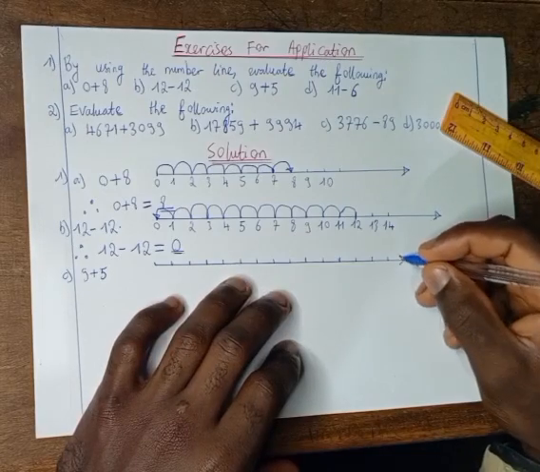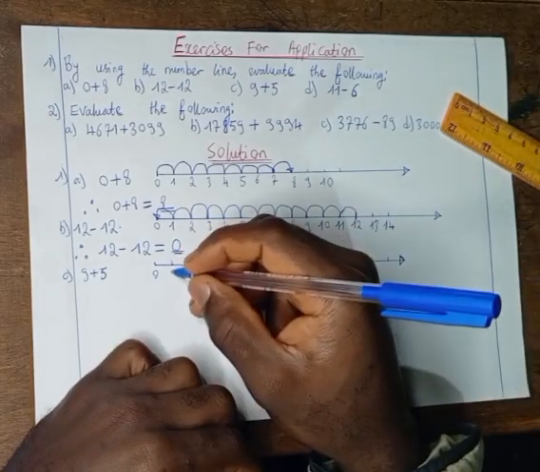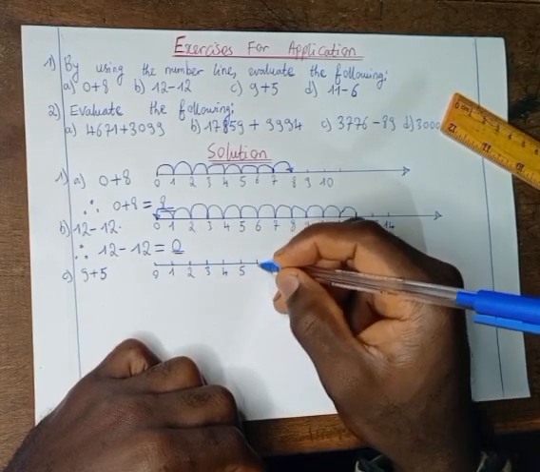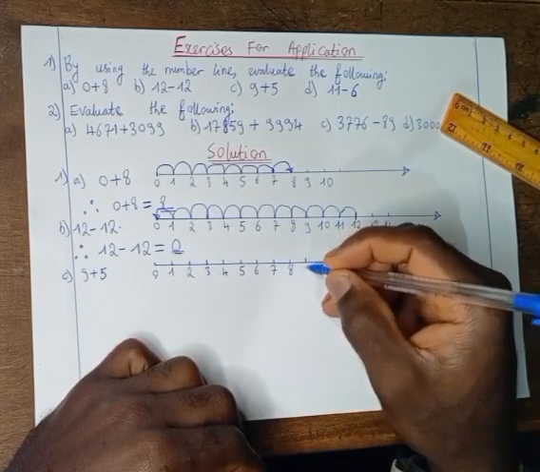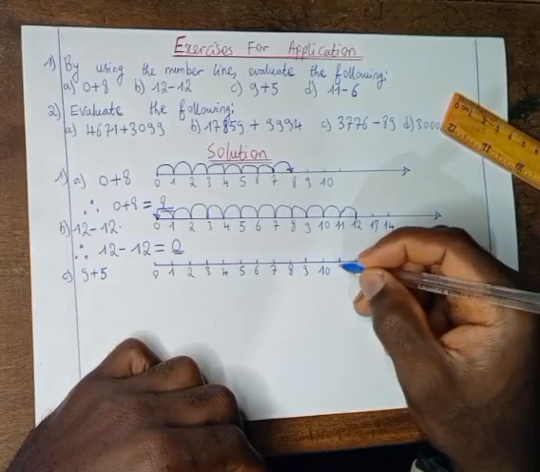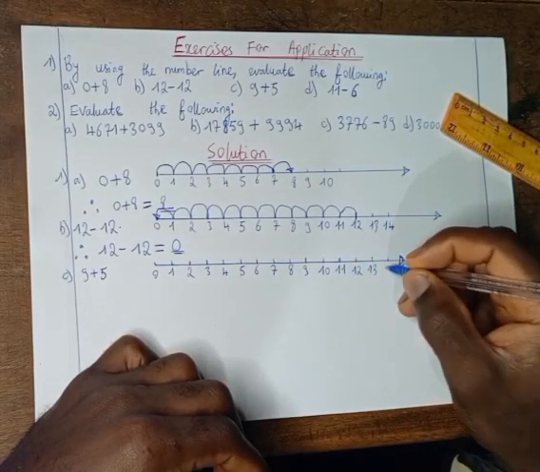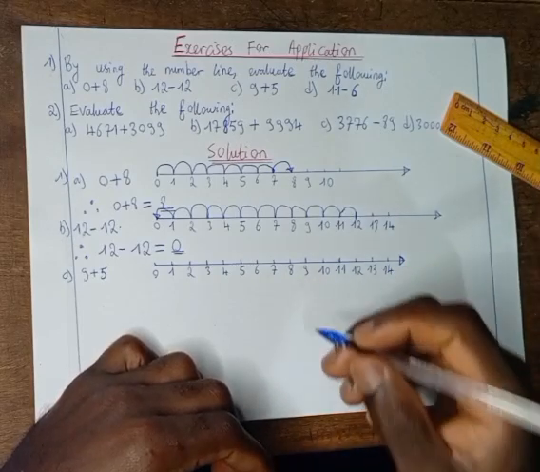Let me put the arrow here. So it's 0, 1, 2, 3, 4, 5, 6, 7, 8, 9, 10, 11, 12, 13, 14. You can end at 14.